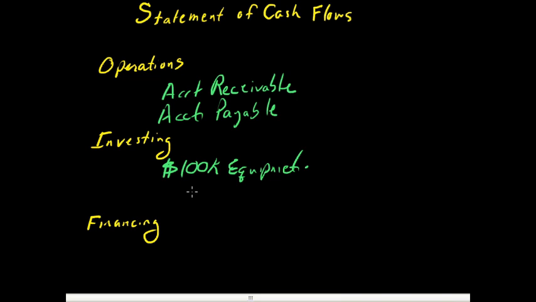Well, that purchase doesn't show up on the income statement. It would show up on the balance sheet, but not on the income statement. Nevertheless, cash flowed out to purchase that piece of equipment. We call that kind of a purchase a capital expenditure, or CapEx for short. It will eventually show up on the income statement as you depreciate it.